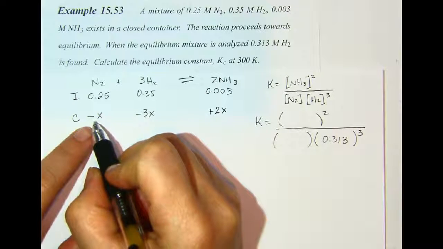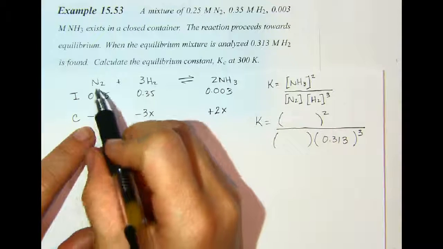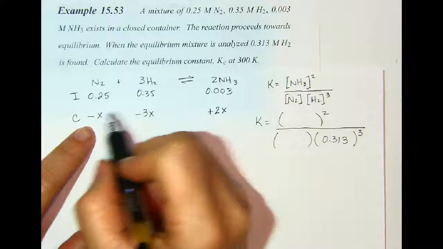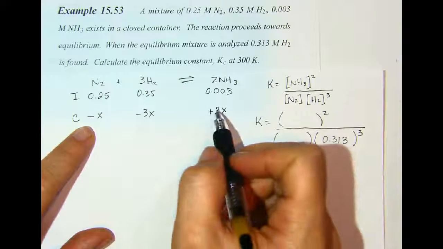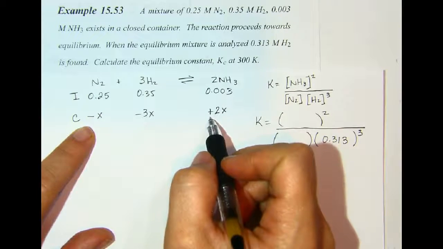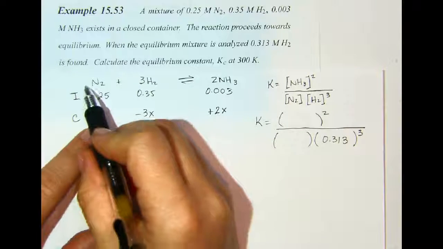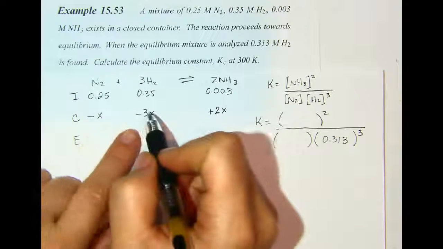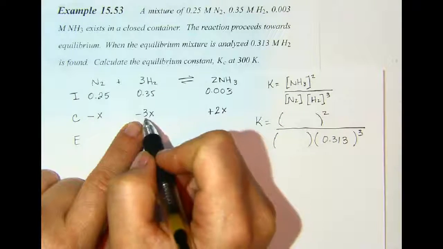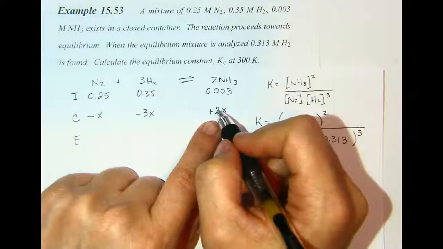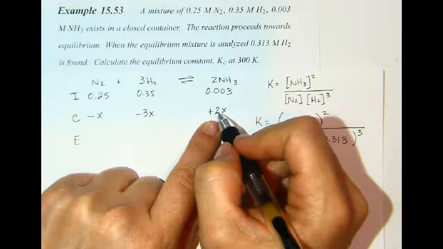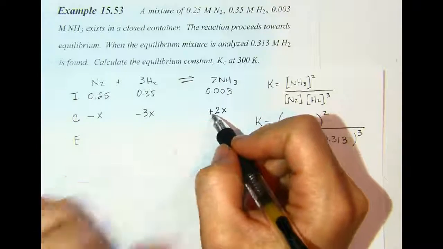It's negative because I'm assuming these reactants are becoming less and my products are becoming more, and that's why that's labeled as a positive. So negative 1x because the coefficient is 1, negative 3x because the coefficient is 3, and plus 2x because the coefficient is 2, and this is the products appearing.